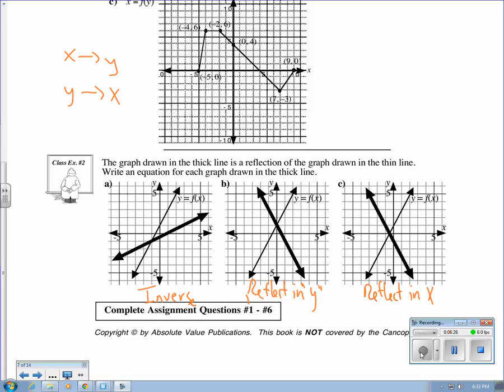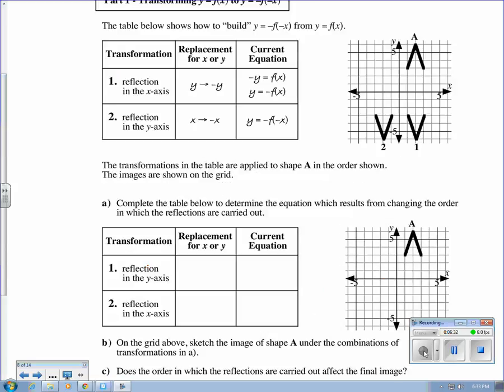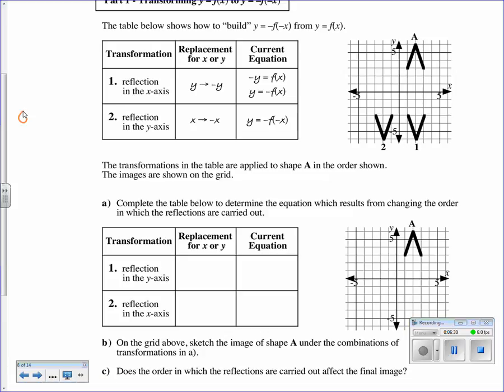Now we're going to try a double set of reflections. So now we have to do two reflections, both a reflection in the x-axis and a reflection in the y-axis. And what we need to know from the beginning is order does not matter. So you can reflect in the x-axis first and then in the y, or flip it around. So we've got a nice set of graphs done for us first.